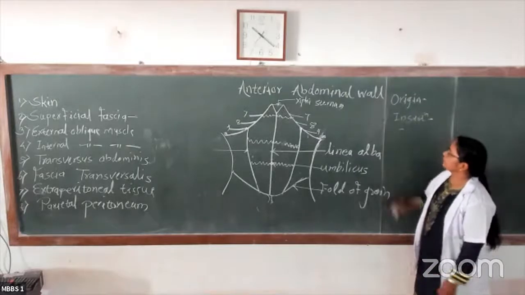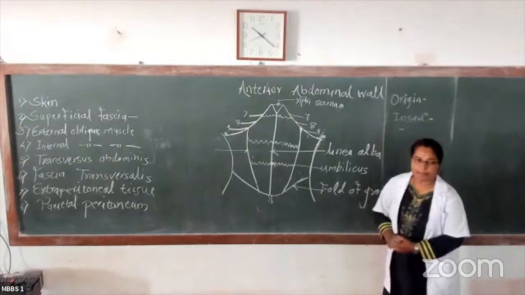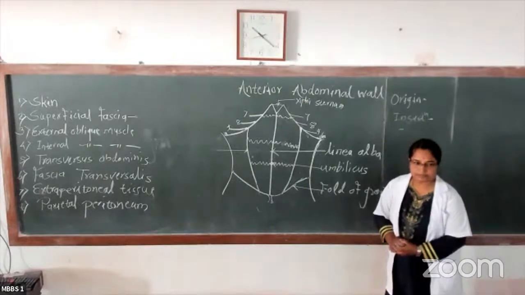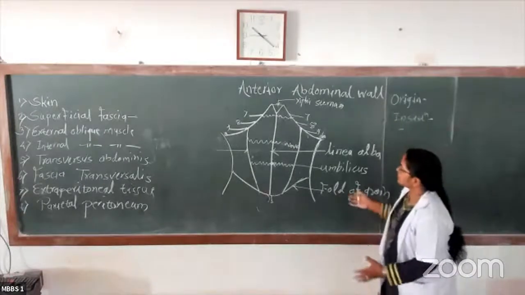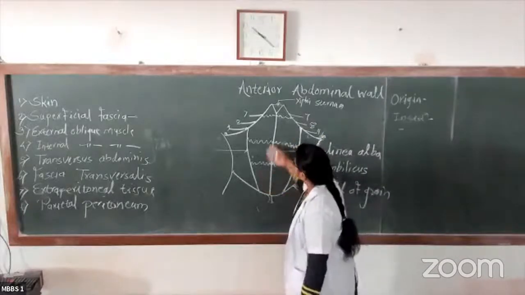The remaining fibers end in a broad aponeurosis, and these fibers run downward, forward and medially.